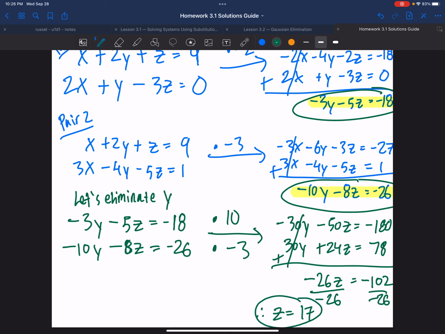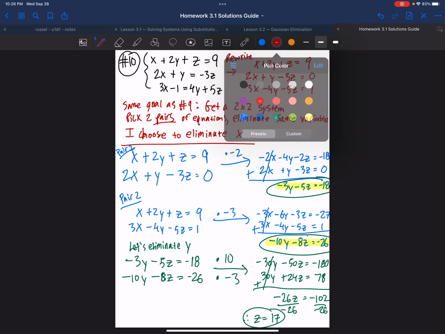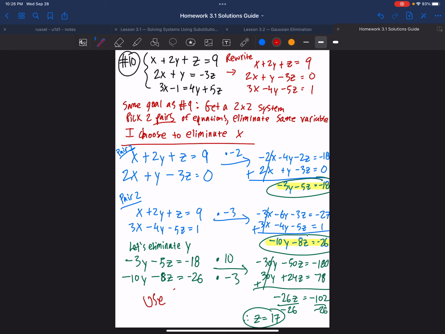Okay? From here, you can figure out x and y just using normal substitution. Okay? I'll do it just to finish it off. Use sub to find x and y on the next page. Okay?